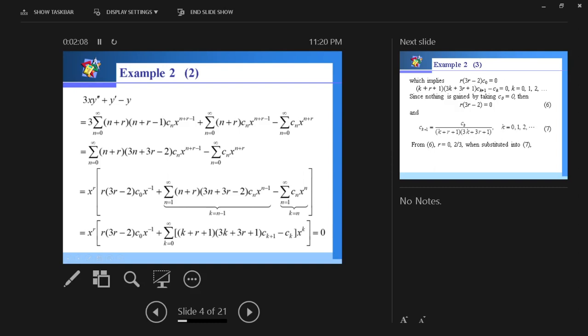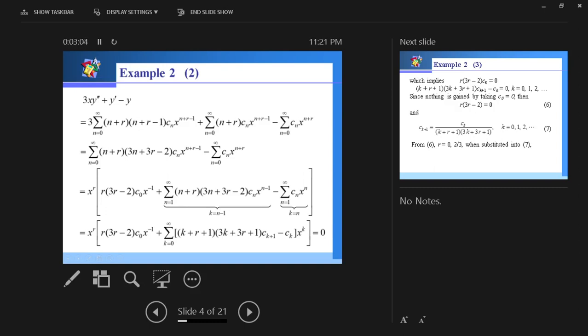First we put this form into the equation, plus here the first derivative, so y' is summation n = 0 to infinity (n+r) c_n x^(n+r-1). Then minus, and the original Frobenius form is here: summation n = 0 to infinity c_n x^(n+r). This equals 3 outside, summation (n+r)(3n+3r-2) c_n x^(n+r-1), and here minus summation c_n x^(n+r). This is a very simple method.